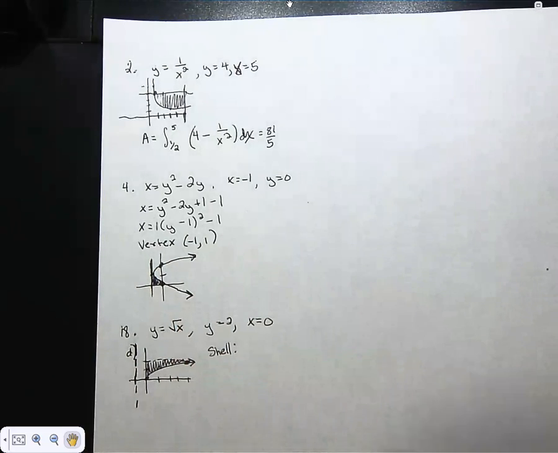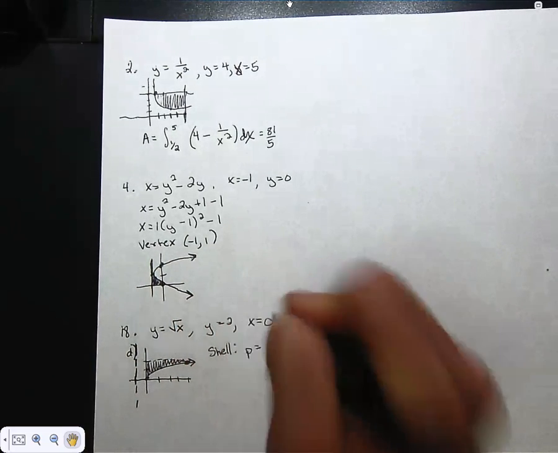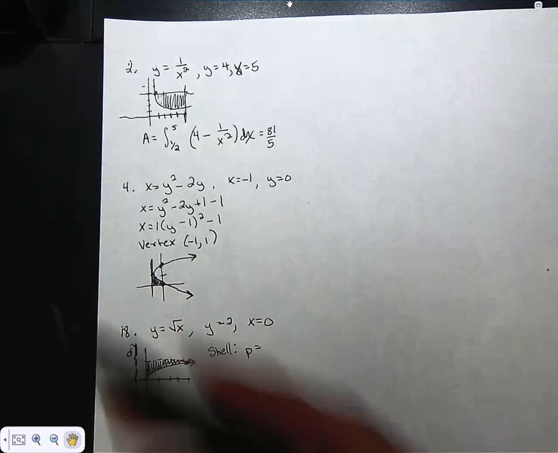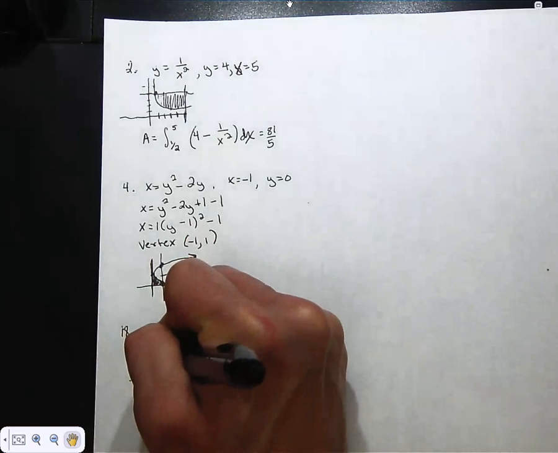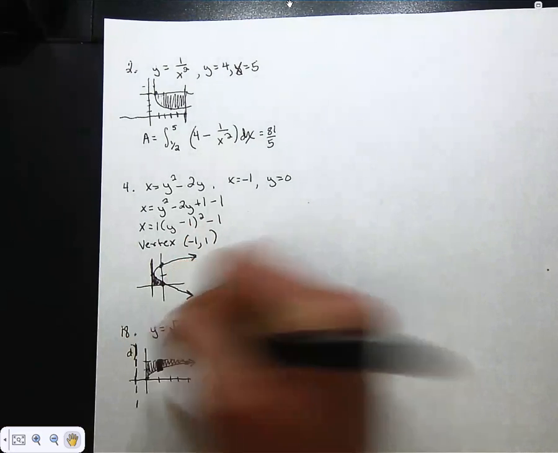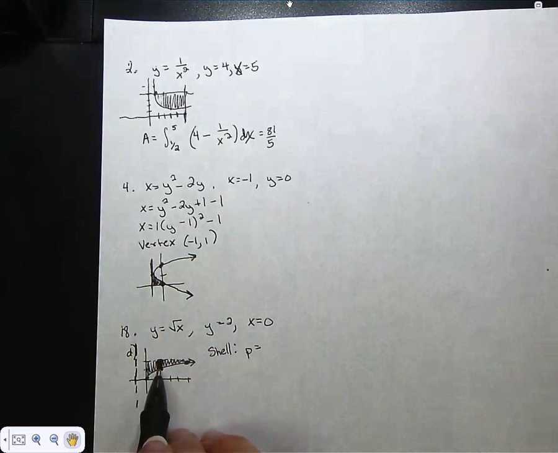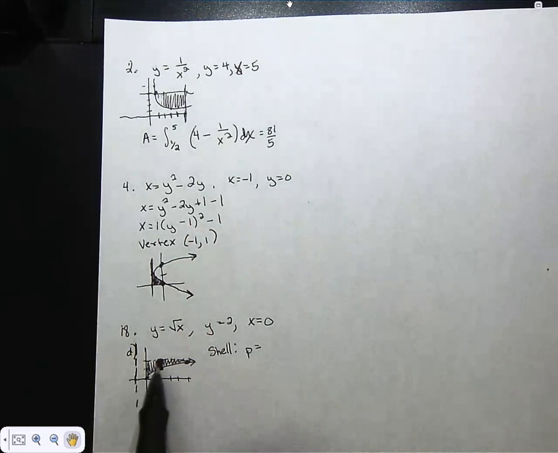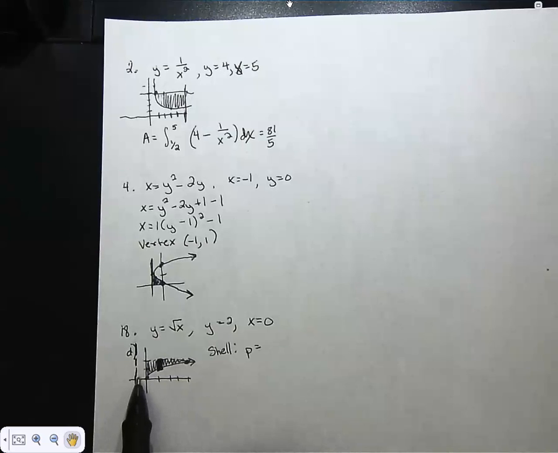All right, so if we were using vertical rectangles, we need two things. We need the distance from the representative rectangle, wherever the representative rectangle is, to the axis of revolution. So how do you get the distance between x and -1?